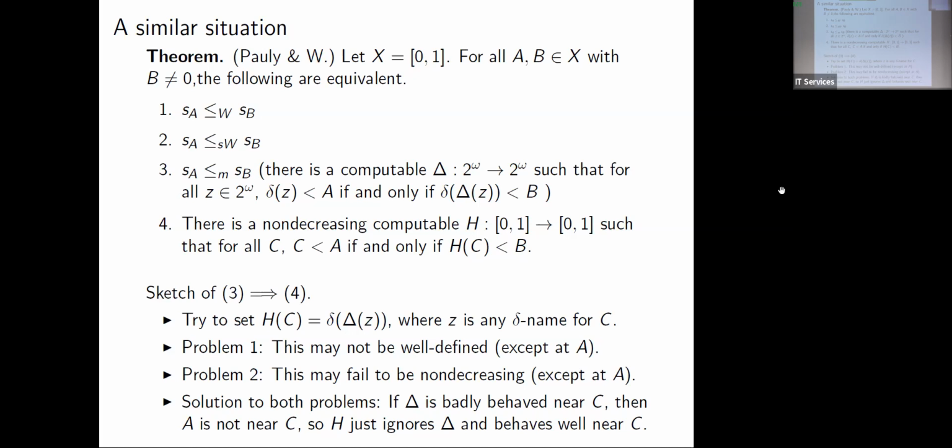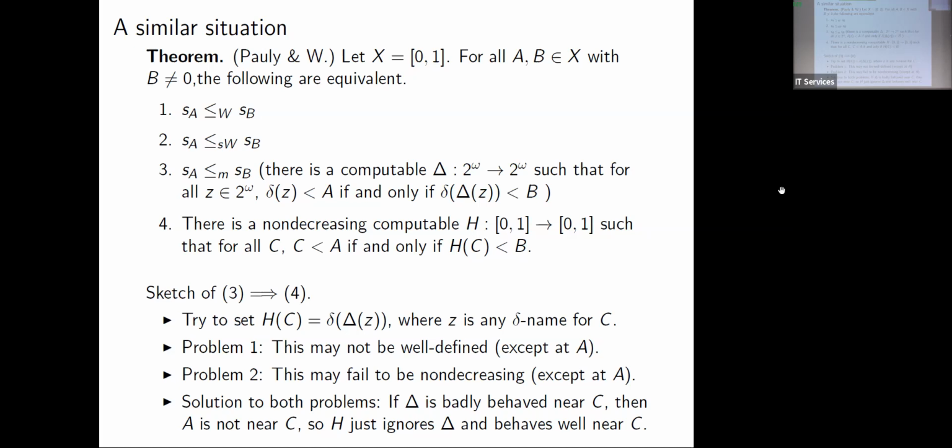And another problem that this delta could have as well is that delta doesn't have to be non-decreasing. So maybe there could be some other point right here and it has some name that's lower than all these names that could be output for C.